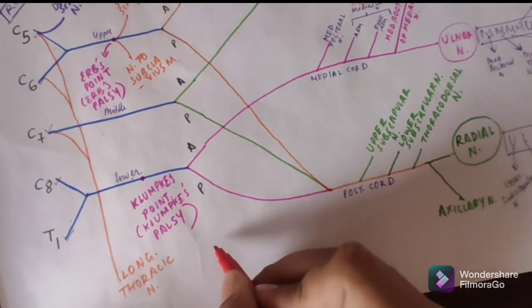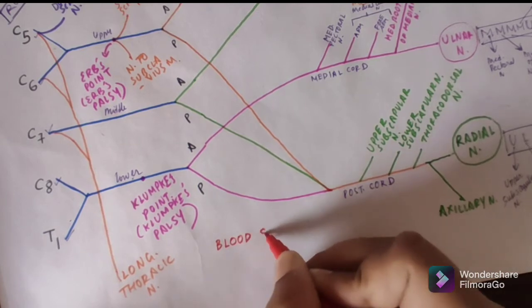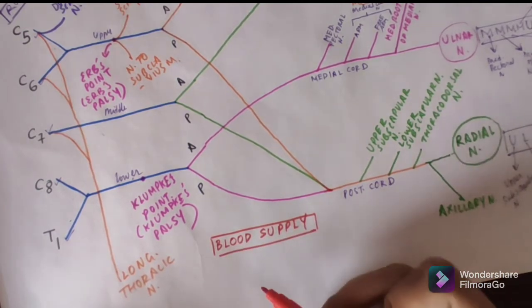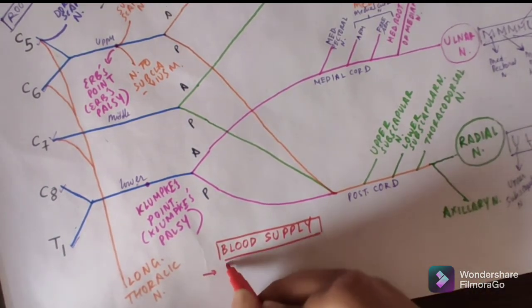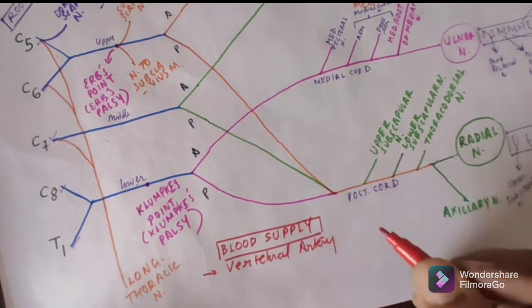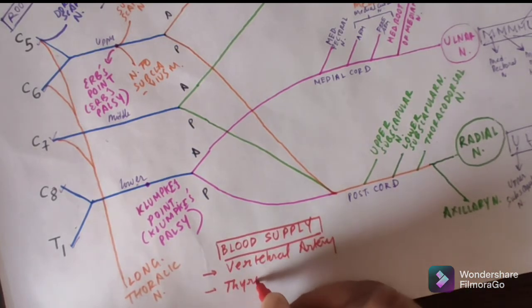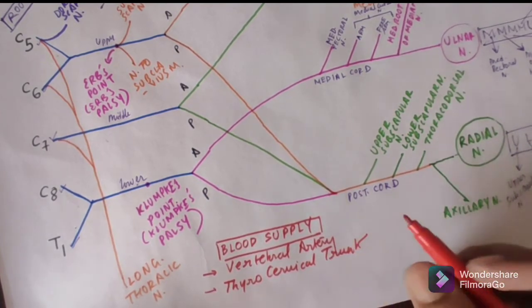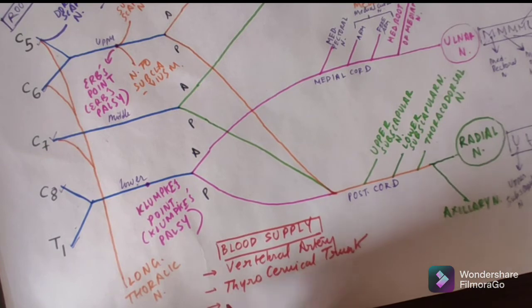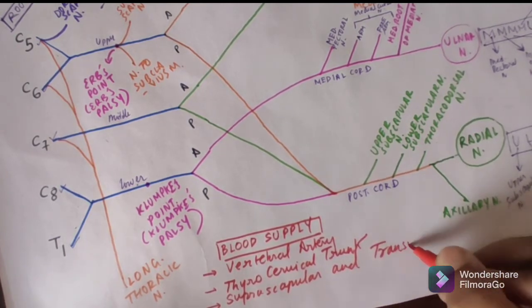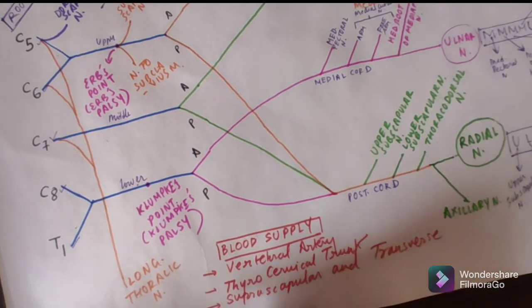Now one important portion which was left is the blood supply to the brachial plexus. The blood supply to the brachial plexus is generally through the vertebral artery, the thyrocervical trunk, the suprascapular and transverse cervical arteries.